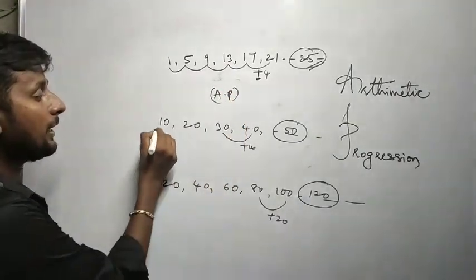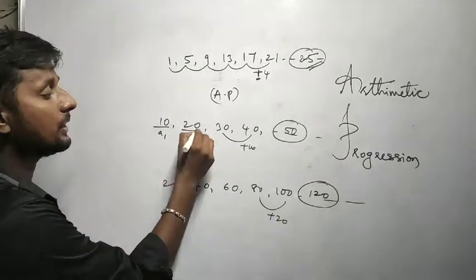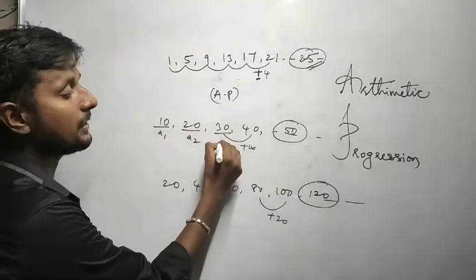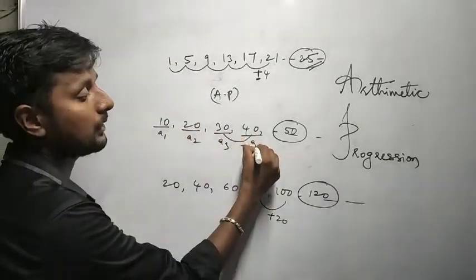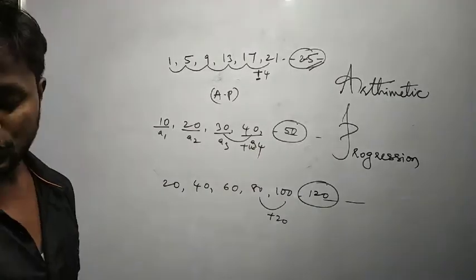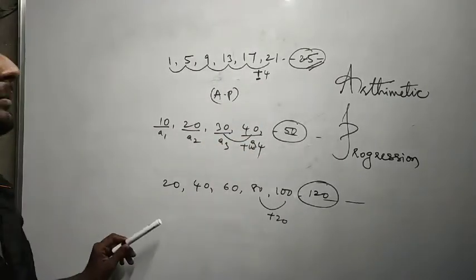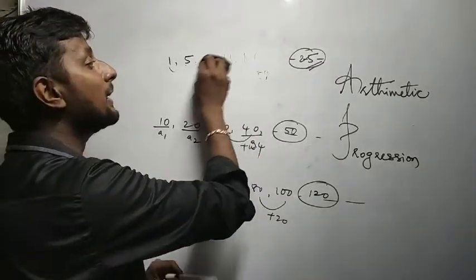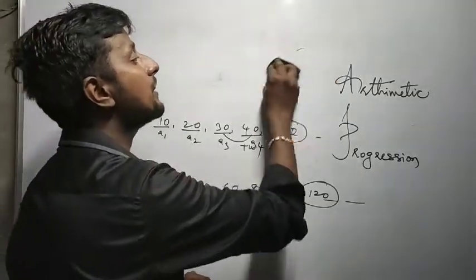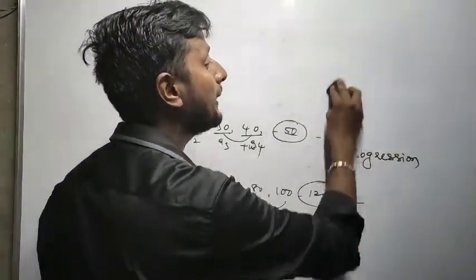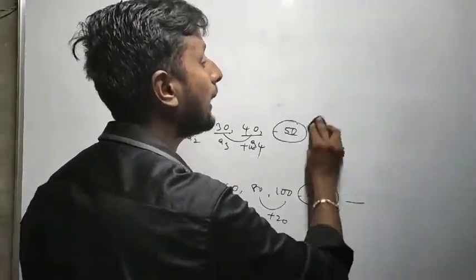In the AP, each term is counted: first term A1, second term A2, third term A3, and so on up to the last term, which we treat as the nth term. The short form is written as AN.